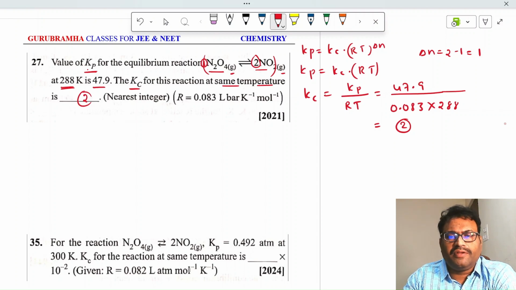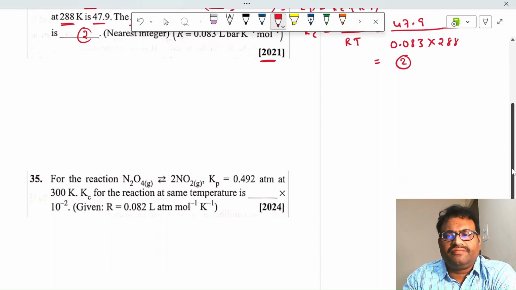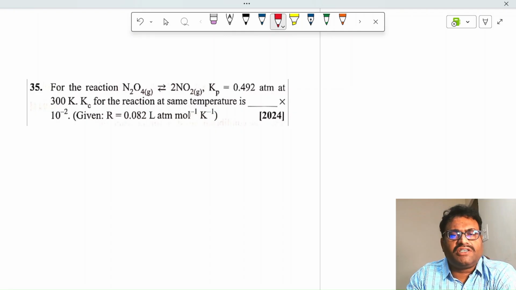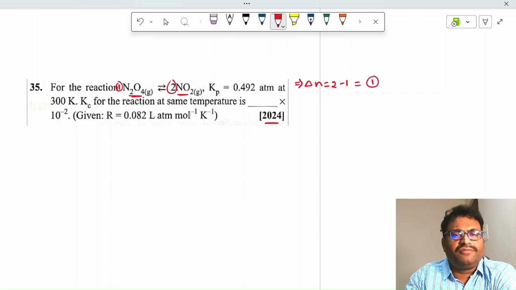Okay. A very simple question, asked in 2021. Here is the question asked in 2024. Again, from this reaction we can say that delta N is equal to 2 minus 1, that is equal to 1.